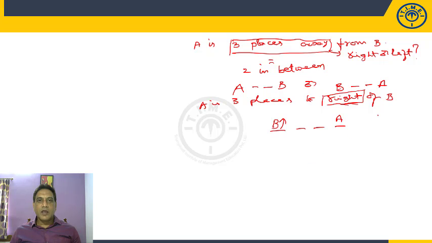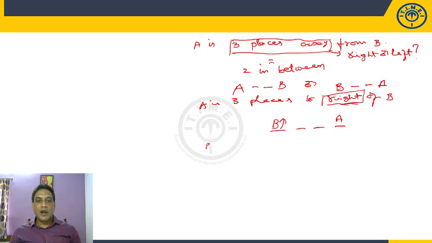If the question clearly tells you that B is facing a particular direction, it is well and good. If nothing is specified, we assume north. If the question clearly says that some are facing north and some are facing south, we have to be very careful in identifying which person is facing north and which person is facing south. If the question says that all are facing south, we have to consider that way. But if the question does not say anything, it means that they are all facing north.